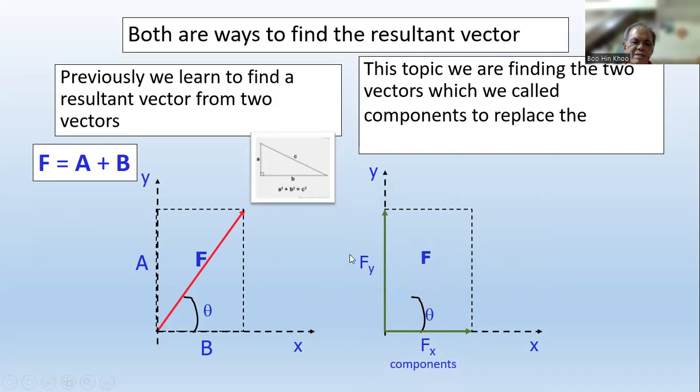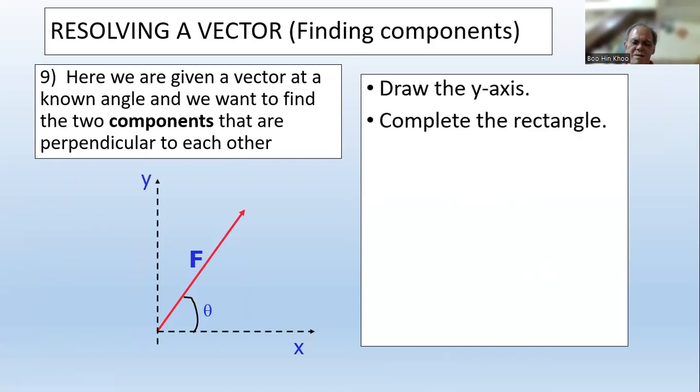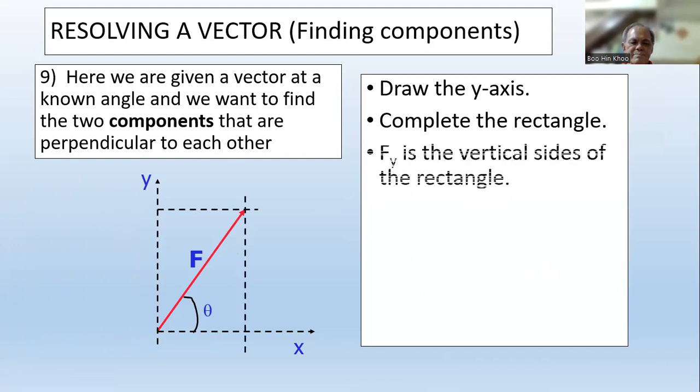So instead of thinking of it as one vector, we have one vector given, and we resolve it into two components. Here we are given a vector at a known angle and we want to find two components that are perpendicular to each other. So we draw the x-axis, we draw the y-axis, complete the rectangle, and Fy is the vertical side.